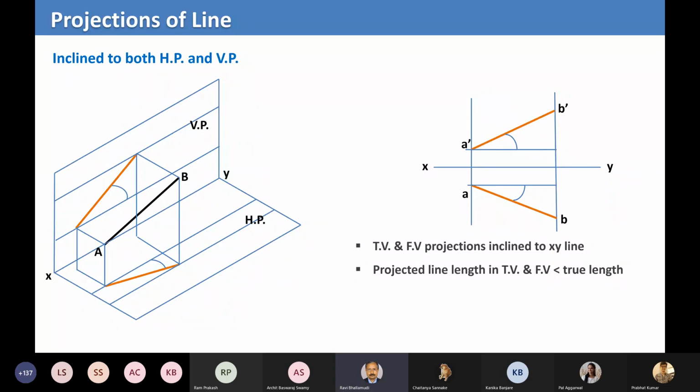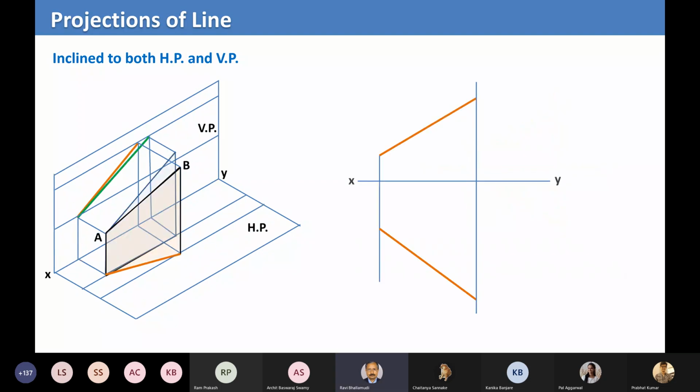Earlier, it was equal at least in one view because the line was parallel to one of the planes. But now the line is not parallel to any plane, so its projected length will always be less than the real length. Obviously, if you apply the cos theta or cos phi principle, they will always be less than the actual length. Now we'll talk about how to draw these things.